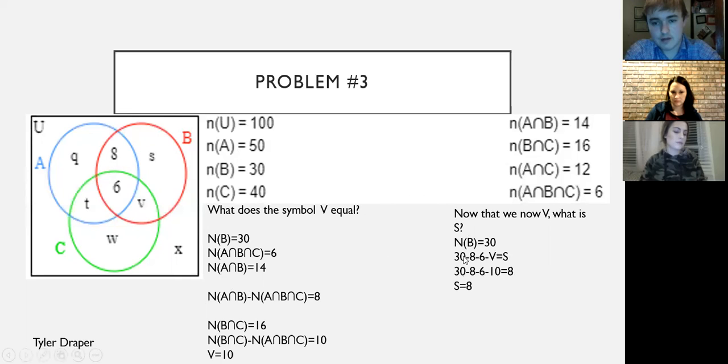So we have 30 minus our 8 from here, minus our 6, and minus our 10 that we got for V, and we see that it equals 8. So S equals 8. So 8 plus 6 plus 10 plus 8 will all equal 30, and that's how we determine S.